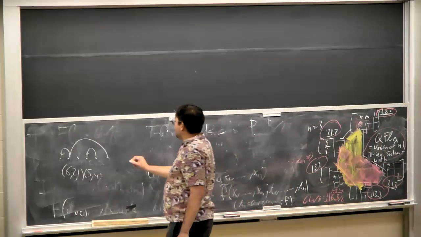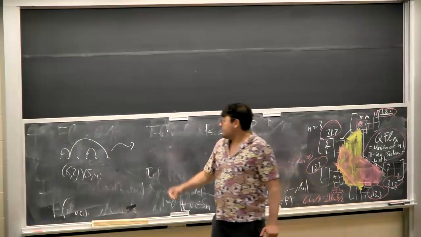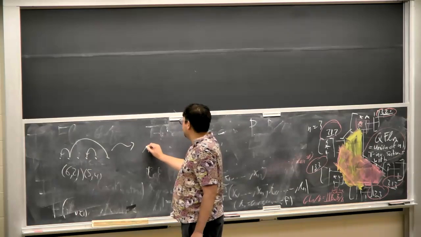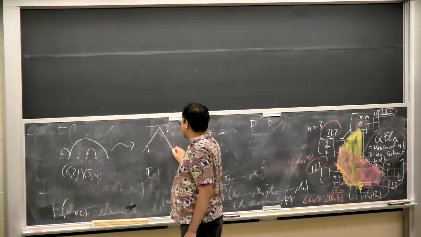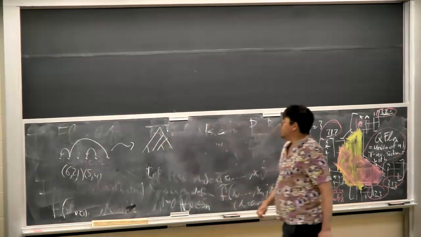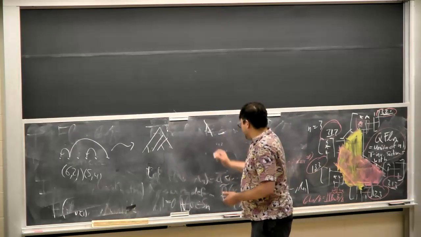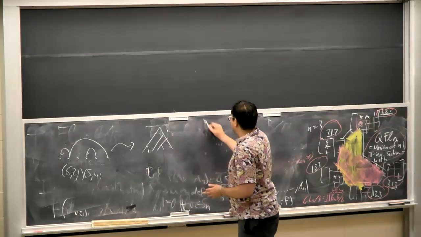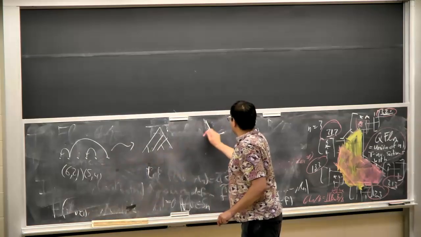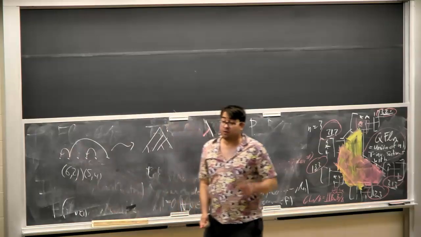To tell you that, I'm going to create a cluster associated to this permutation. First, I'm going to create a tree out of this permutation. Basically you take the unique tree so that if I delete these edges, the support of the resulting structure is the same as the non-crossing partition.